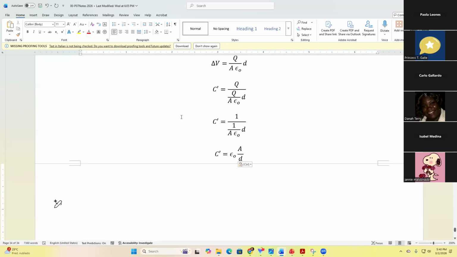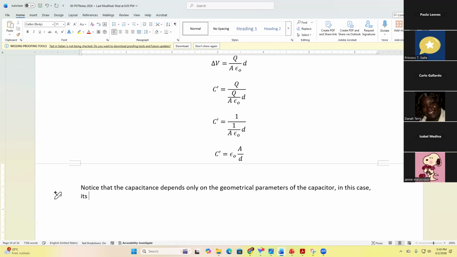Note that the capacitance depends only on the geometrical parameters of the capacitor, its area in this case and the separation between the plates, plus, of course, the electrical constant.